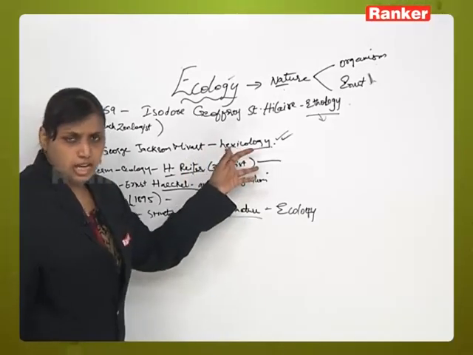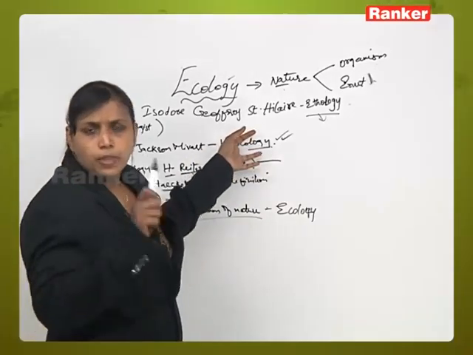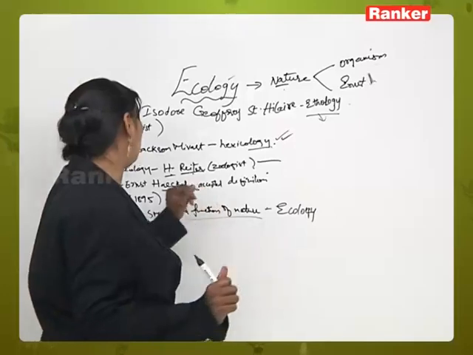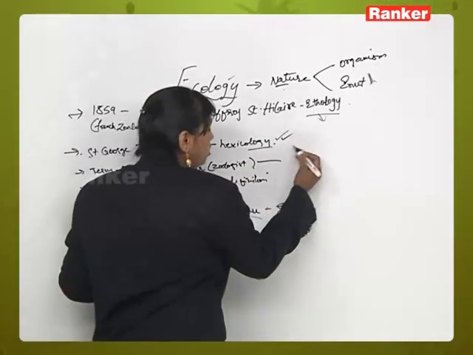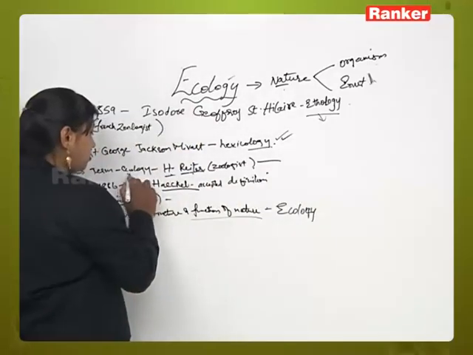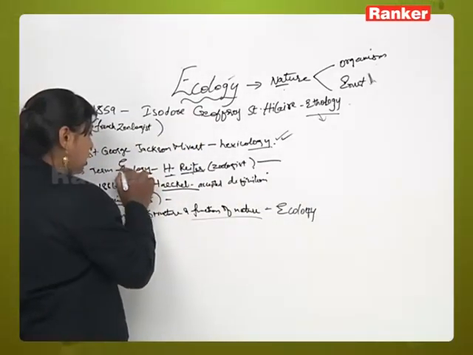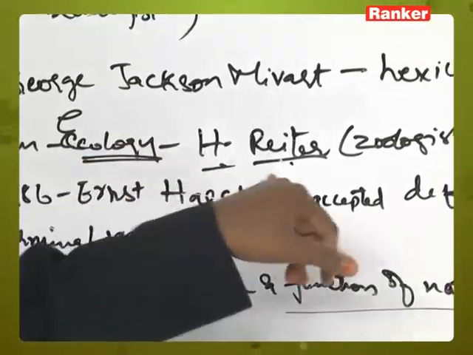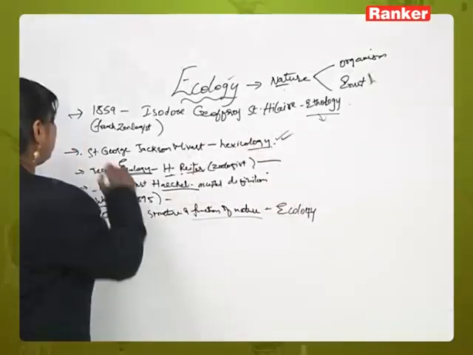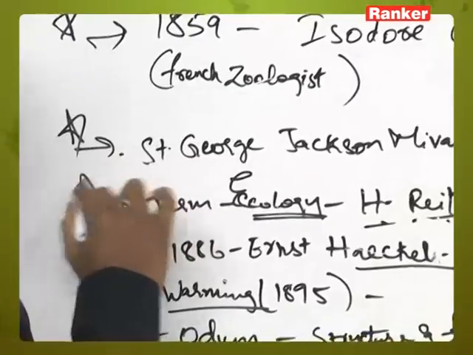He said that yes, there exists a relationship between organisms and their particular environment. Next, the actual term ecology. After ethology and hexecology, everyone started accepting the word ecology. This term was first accepted all over by a zoologist called H. Ritter. All these are your multiple choice questions.